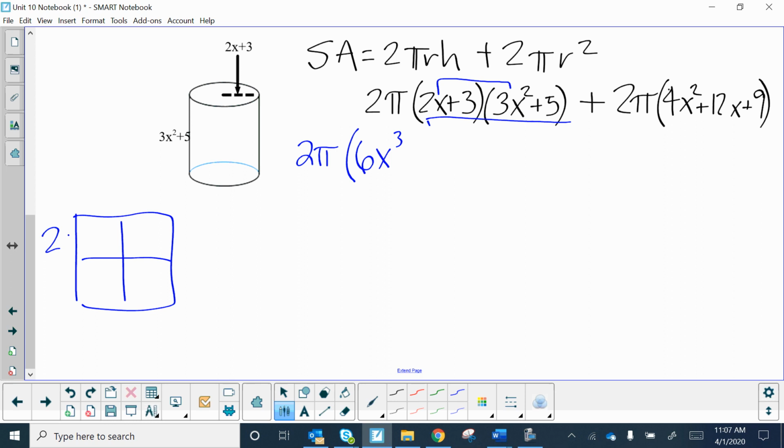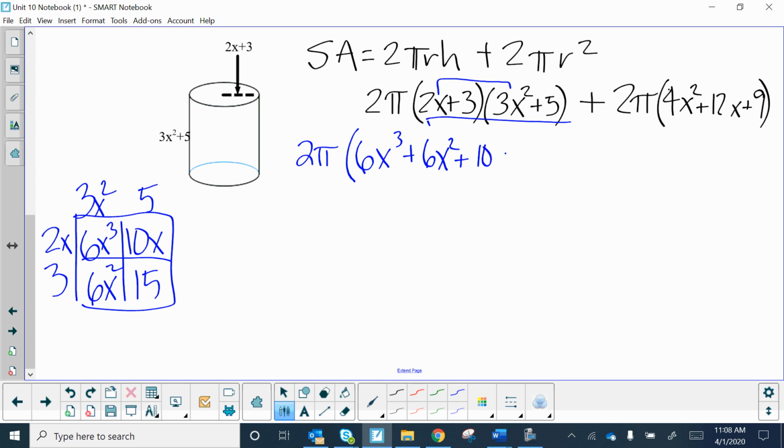You can do 2x plus 3 times 3x squared plus 5. And then this right here is 6x cubed. This is 10x. This is 6x squared. And this is 15. So in this case, we don't have any like terms. So what we're going to do here is write 6x cubed plus 6x squared plus 10x plus 15.